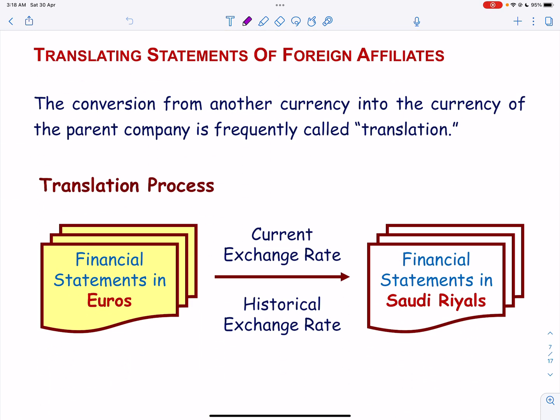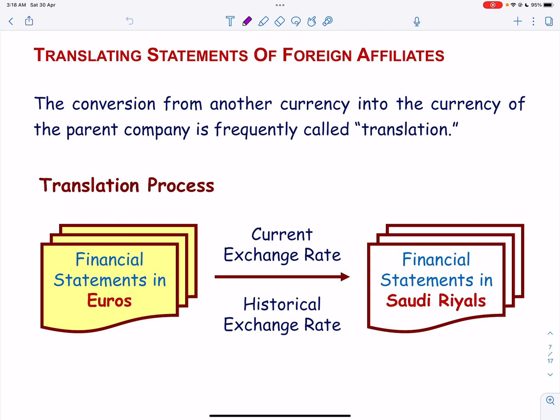The conversion from another currency into the currency of the parent company, a Saudi company in our case, is called translation. So a Saudi firm having a subsidiary in Germany will translate its financial statements into Saudi Riyals.